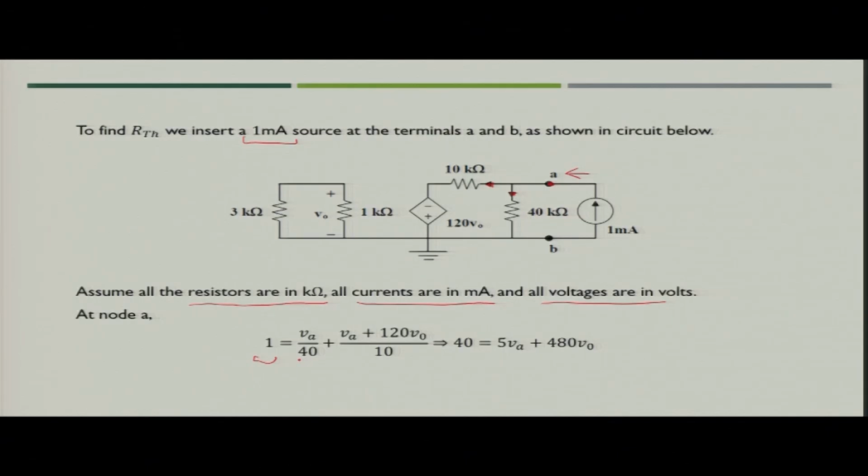The value of current going outside the node depends on the value of node voltage. Suppose the node voltage is V A. So, the current flowing in this resistor would be V A divided by 40.